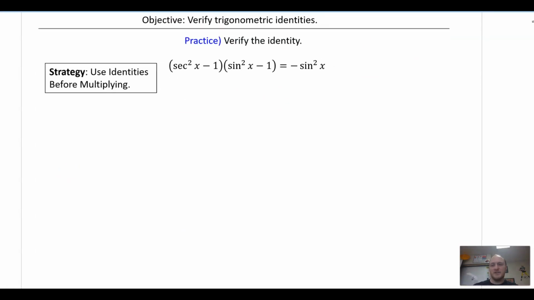All right, hopefully you've tried this. I hope you see that negative out front, and that negative out front tells you that you need to produce a negative somewhere. This is your hint that you need to switch this around, to pull out a negative.